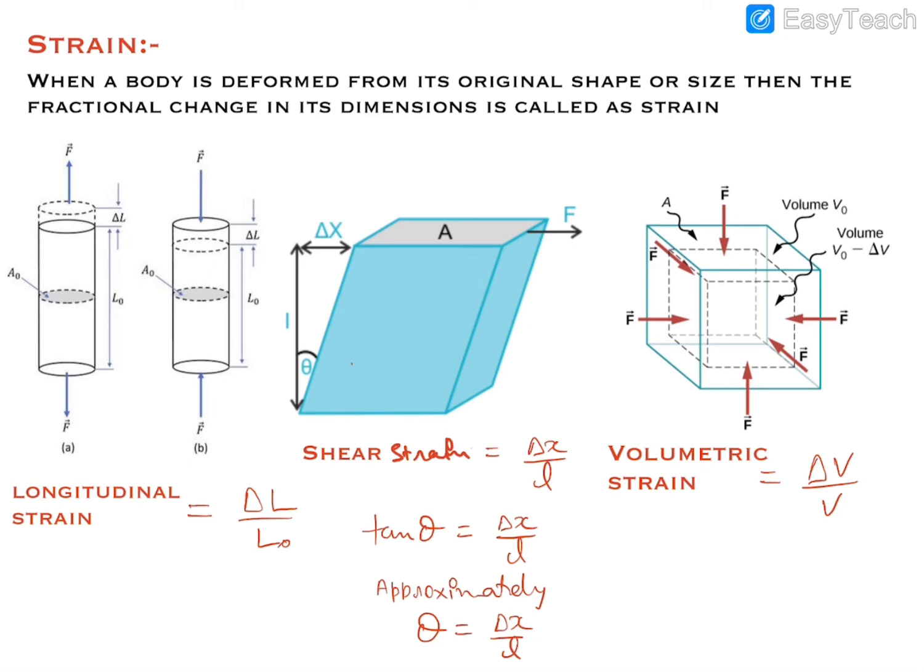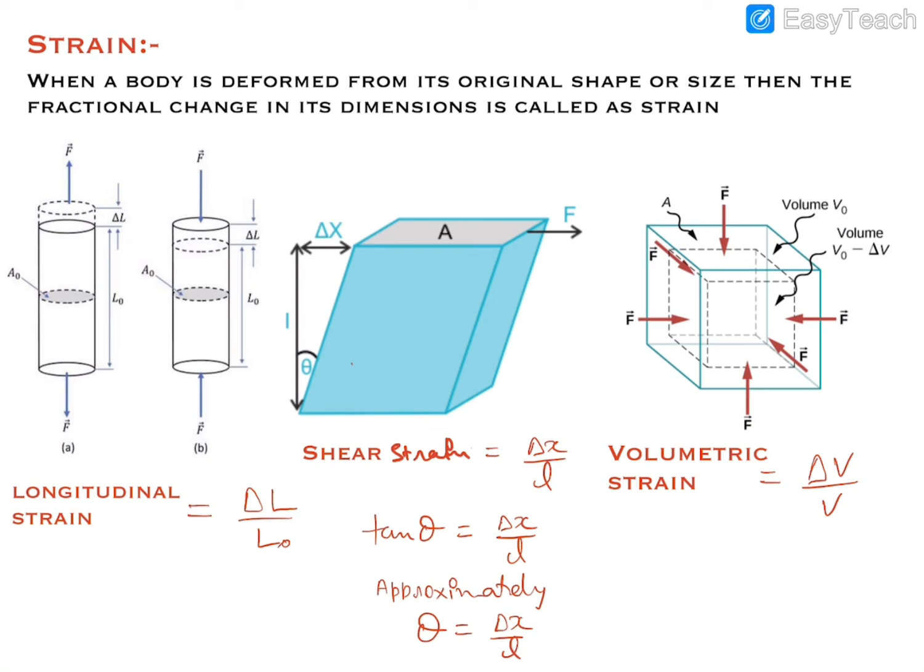When we deform a body by some deforming force, then some restoring force is developed in that body, and that restoring force per unit area is called the stress developed in that body. You should also know that stress is not the applied force per unit area, but numerically we always consider that the applied force is equal to the restoring force developed.